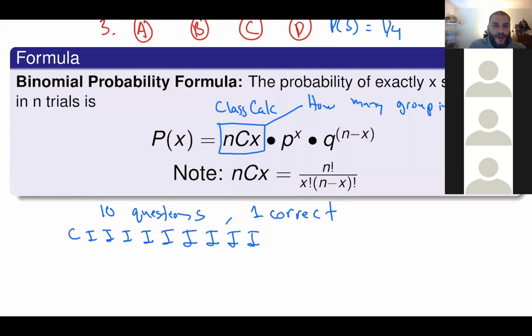But that's not the only way that you could get one correct question. You could get the first one incorrect and then you could get the second one correct and everything else incorrect. Or you could get the first one incorrect, the second one incorrect, the third one correct, and then everything else incorrect.